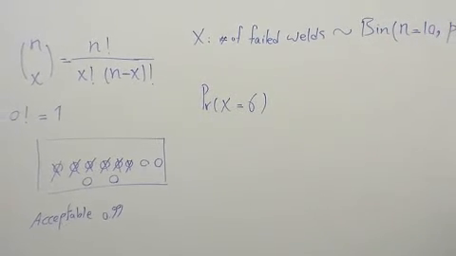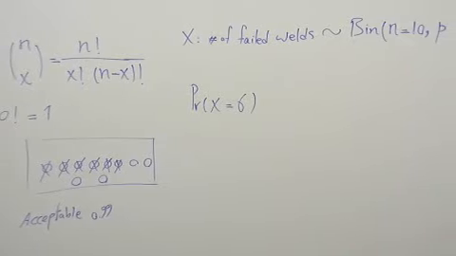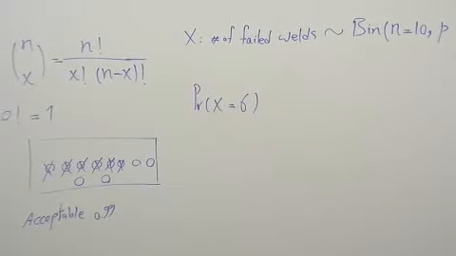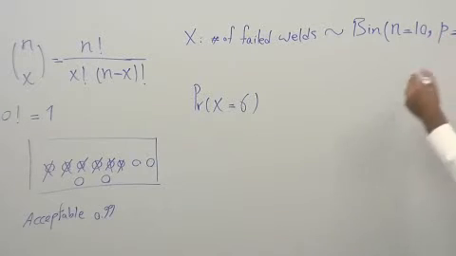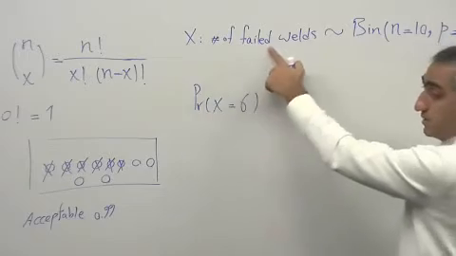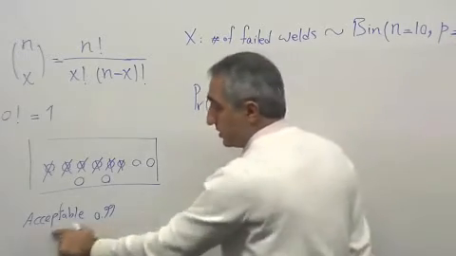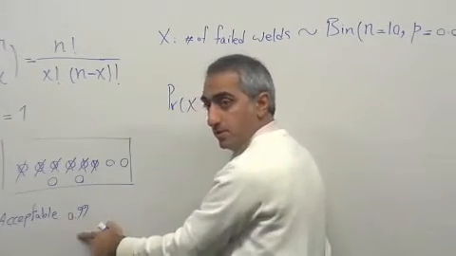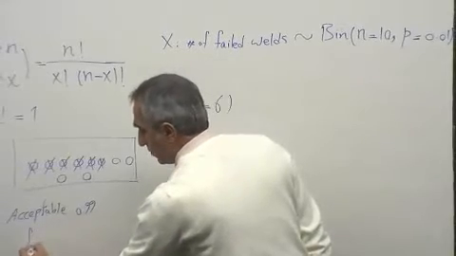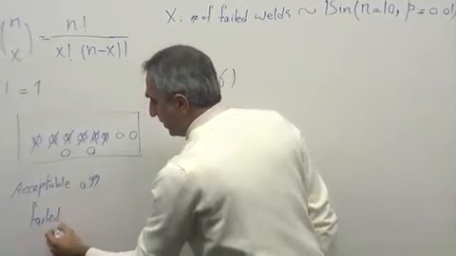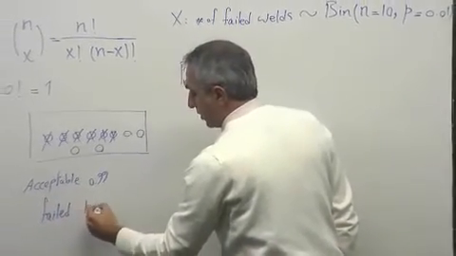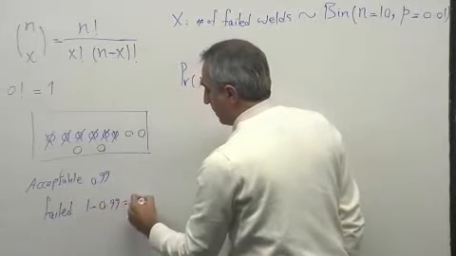And what is P? 0.01 or 99%? 0.01. Why? Because we are interested in finding the failed welds, and here is the probability of acceptable welds. So the probability of a failed weld is 1 minus 0.99, which is 0.01.